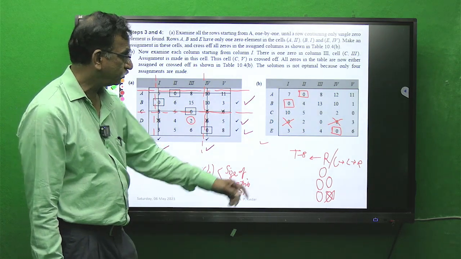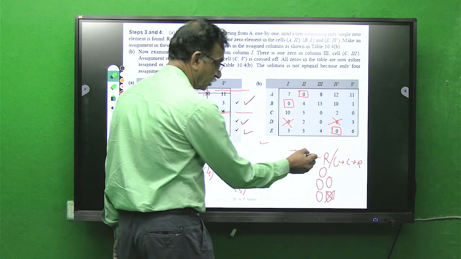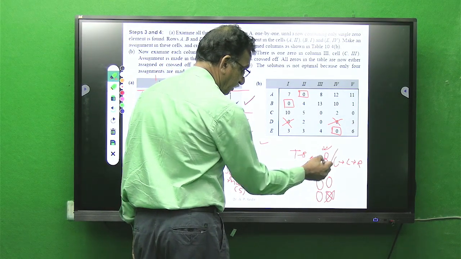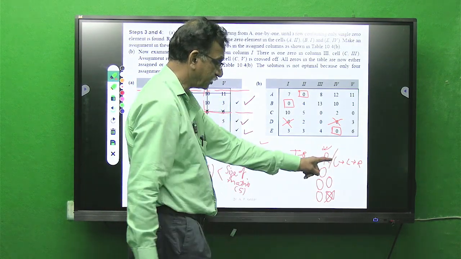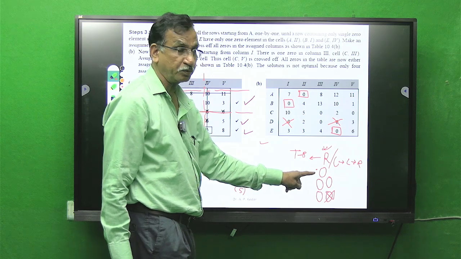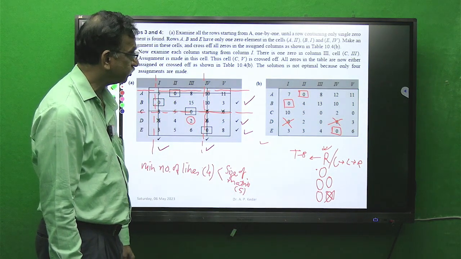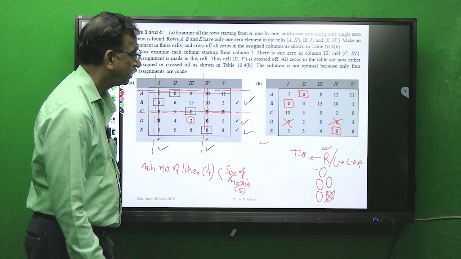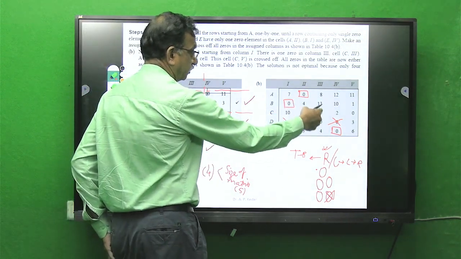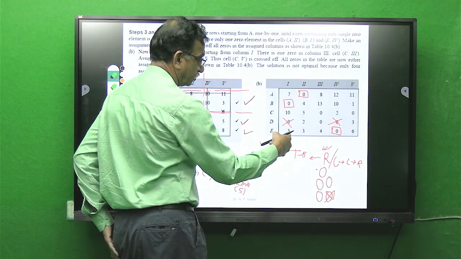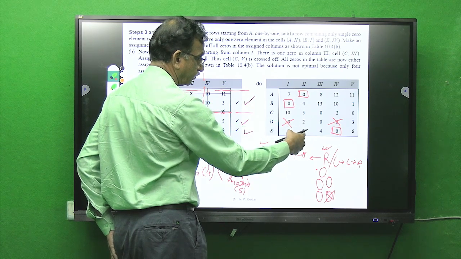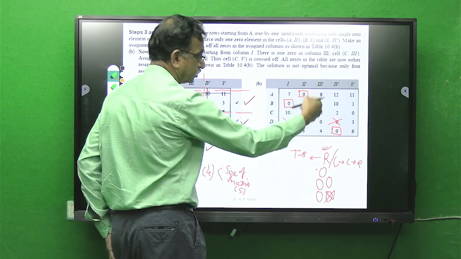Students, now I have done this with rows. I will check for a single pure independent 0 with columns. So switch over to columns. This column is having no 0 for assignment, no 0 for assignment, 2 zeros.